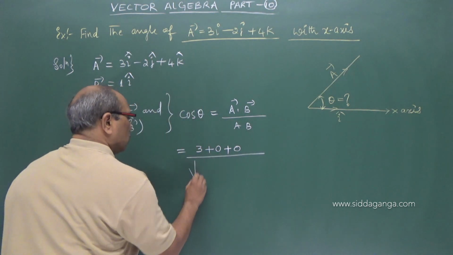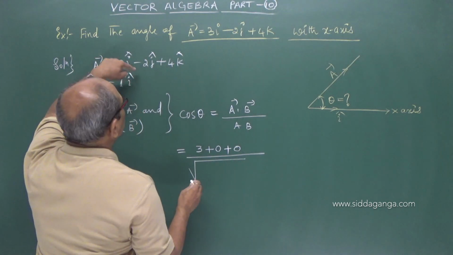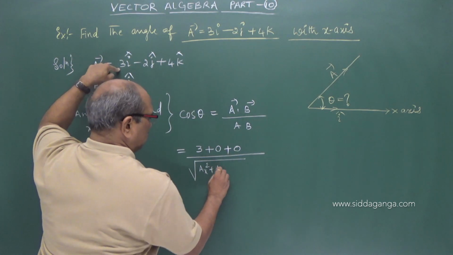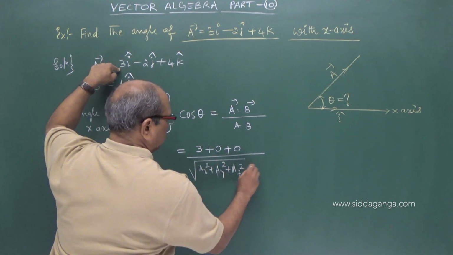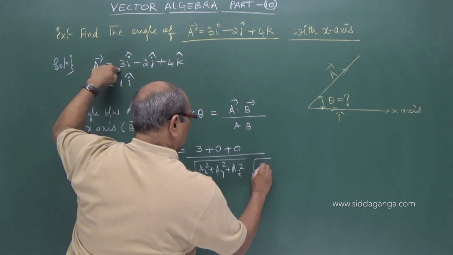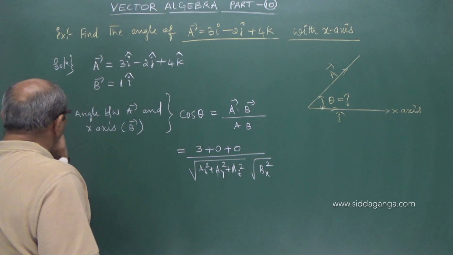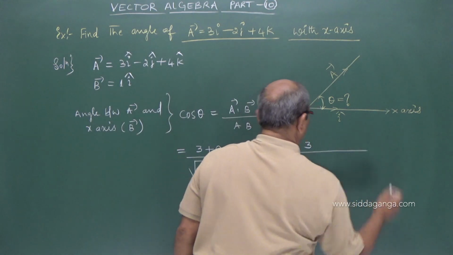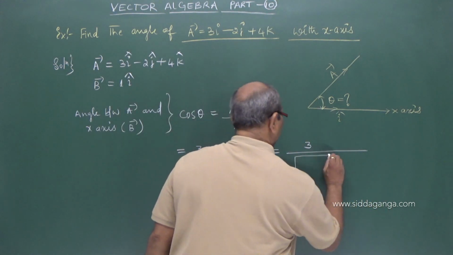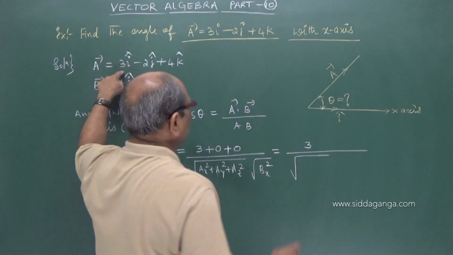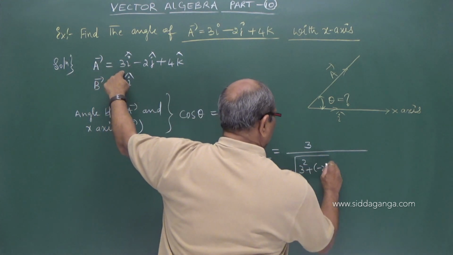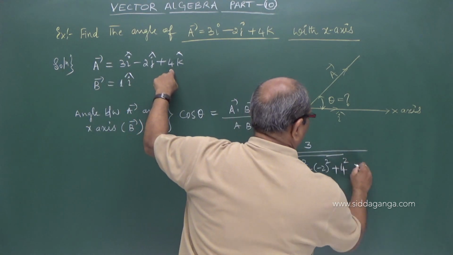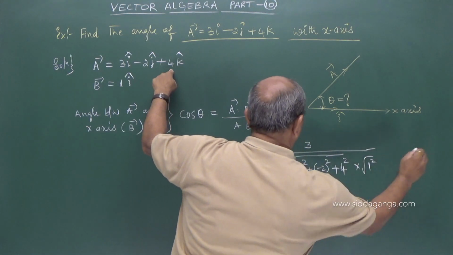Divided by root of AX square plus AY square plus AZ square, into root of BX square. BY, BZ are not existing. So this becomes 3 divided by root of 3 square plus minus 2 square plus 4 square, into root of 1 square.